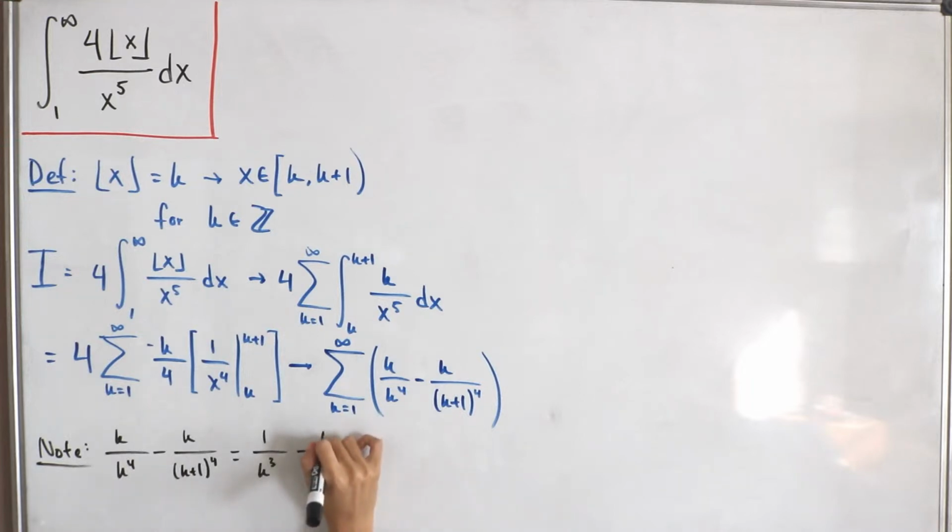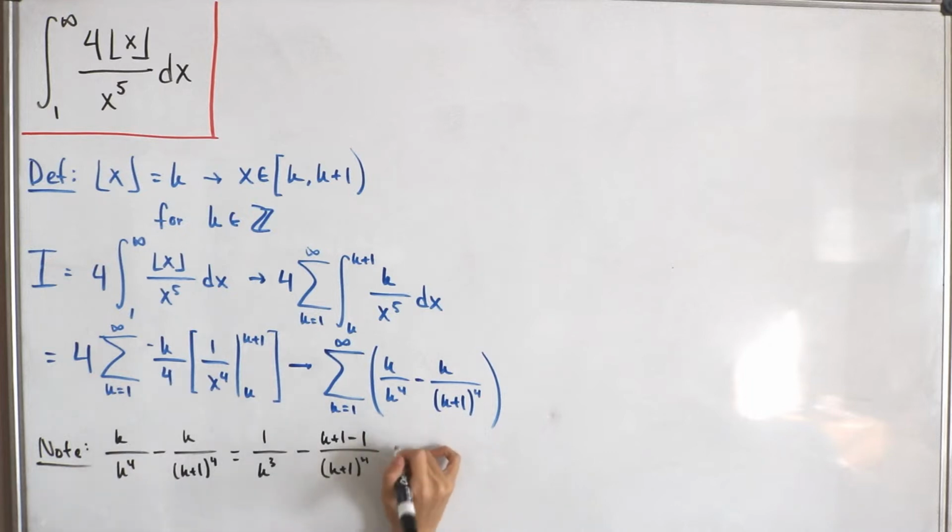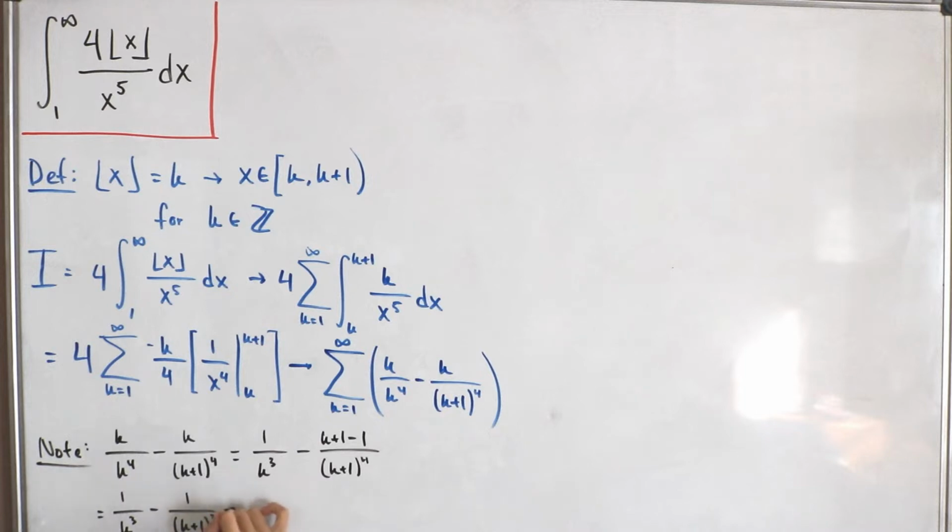I can write this as k plus 1 subtract 1, divided by k plus 1 to the power 4. Then we can break this up using linearity with fractions, yielding 1 divided by k cubed, then subtract 1 divided by k plus 1 to the power 3, and then add 1 divided by k plus 1 to the power 4.